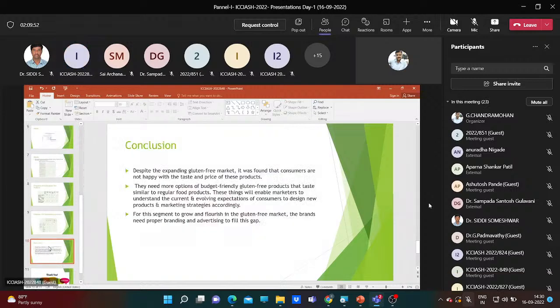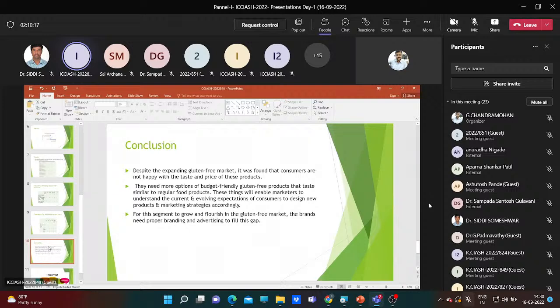So these were the conclusions I have drawn from this study. The present scenario of the gluten-free market has great potential. As consumers, we are finding it difficult to get the desired gluten-free products in renowned retail stores. So we need to expand the gluten-free market to meet the requirements and changing demand patterns of consumers.